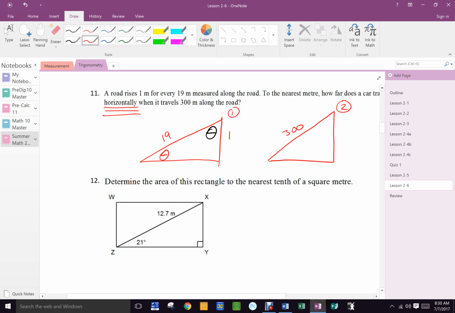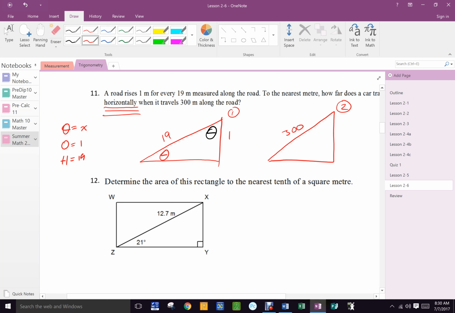If I'm going to find red theta, I don't know what it is. But I do know that it's got an what? Opposite of 1 and an adjacent of 19? And hypotenuse of 19. So, since I need an angle, what do I need to use?